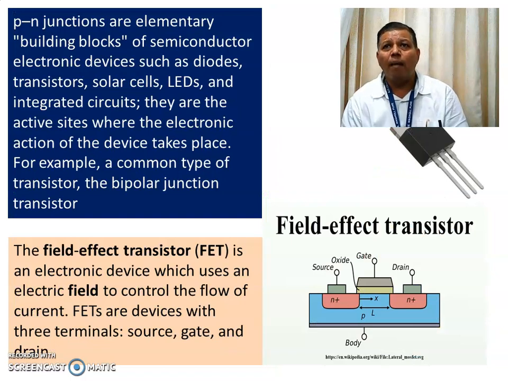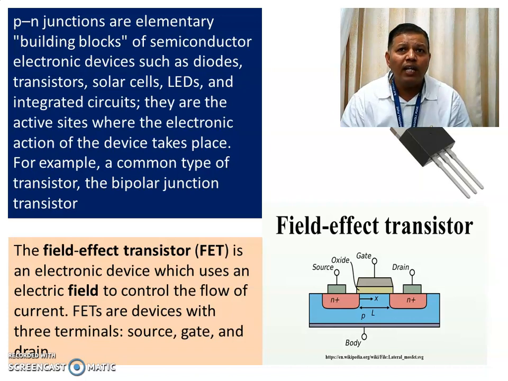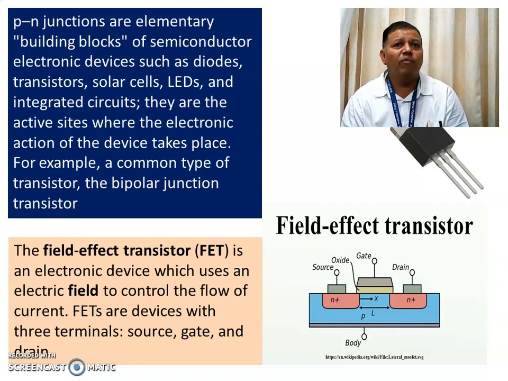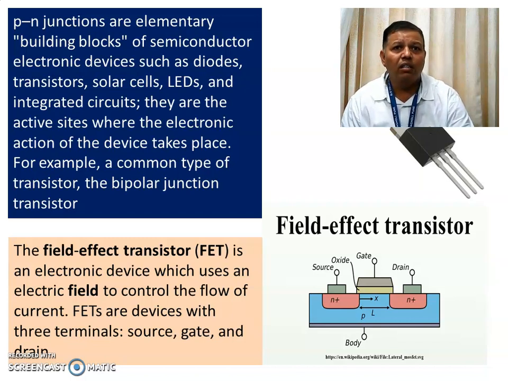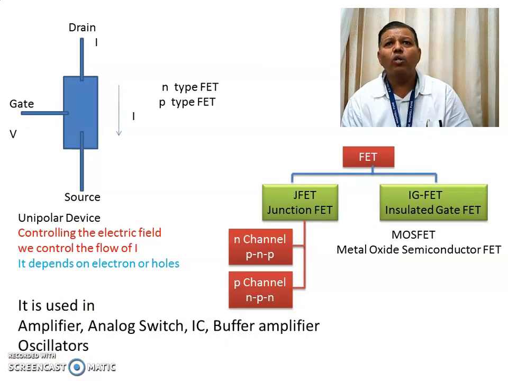Now as an application, we can take the PN junction in the field effect transistor. The field effect transistor is an electronic device which uses the electric field to control the flow of current. In the FET, there are terminals: source, gate, and drain, where we can control the electricity.